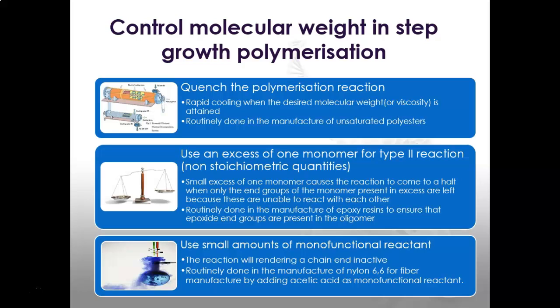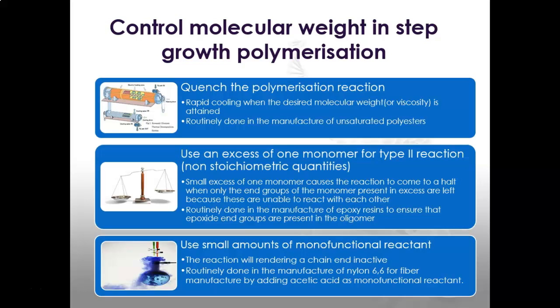As we all know, as the molecular weight increases during the conversion process, the viscosity also increases, and this is routinely done in the manufacture of unsaturated polyester. So rapid cooling means that you suddenly introduce a cold temperature to the reaction, so that the temperature will drop drastically, because we want to control the molecular weight.